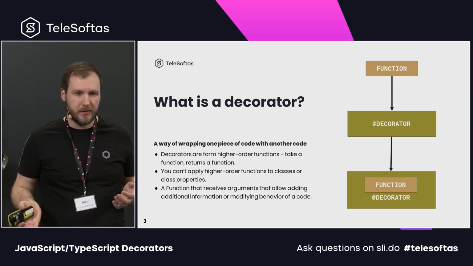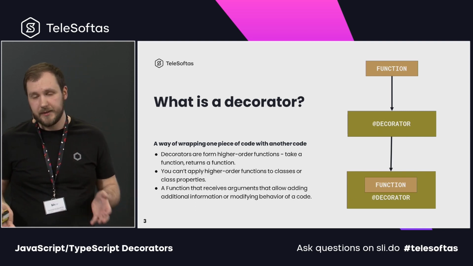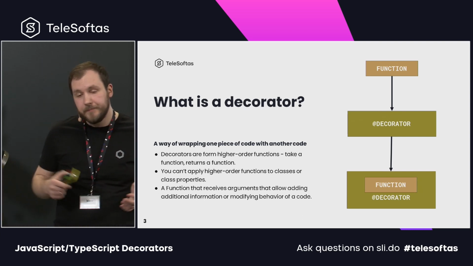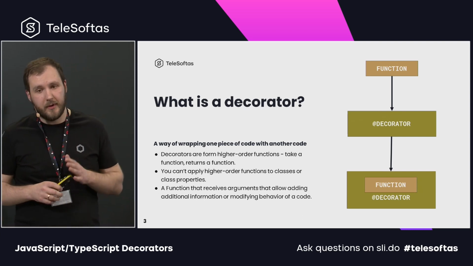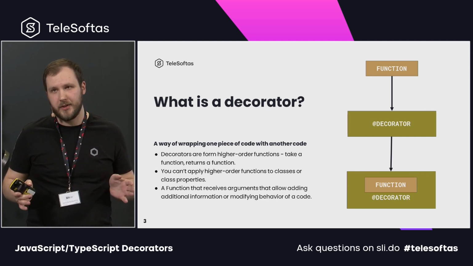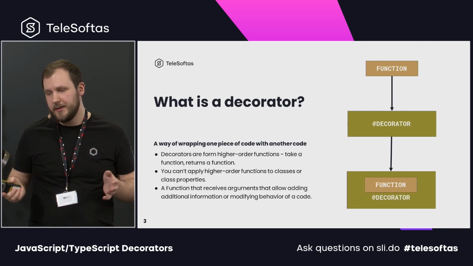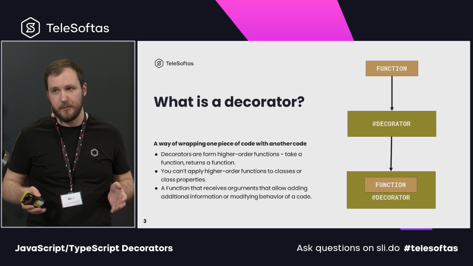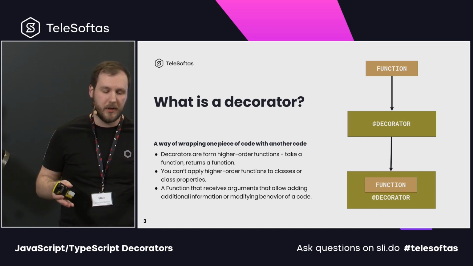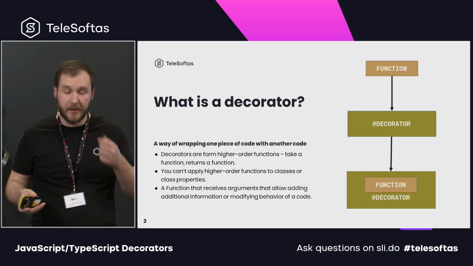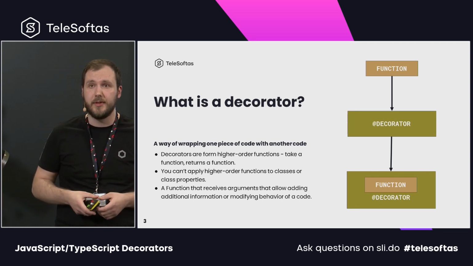You use decorators with classes, class properties, class methods, etc. But as I mentioned, and I will probably repeat myself a couple of times, decorators are just functions. It's important to know that, because at first they might look a little bit intimidating, but if you think about them as just functions, it gets easier to understand.